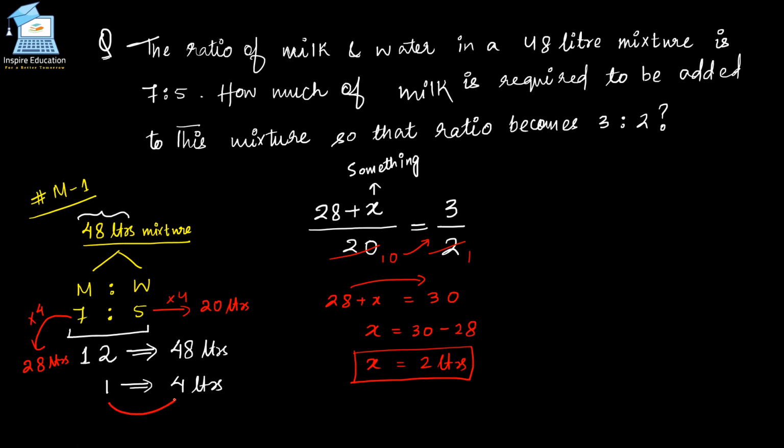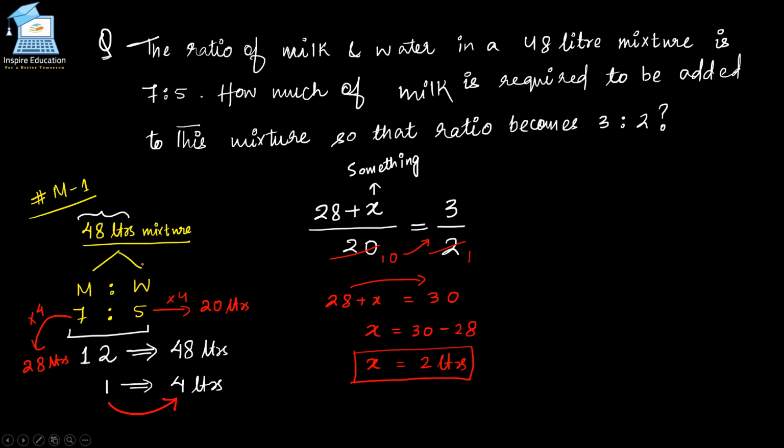1 unit or 1 ratio is 4. What is milk? Milk is 7 ratio. If 1 ratio is 4, then 7 ratio is 7 into 4, 28, and 5 ratio is 5 into 4, 20. Please understand how we can distribute a particular value into ratios.